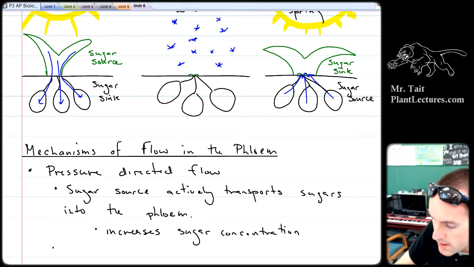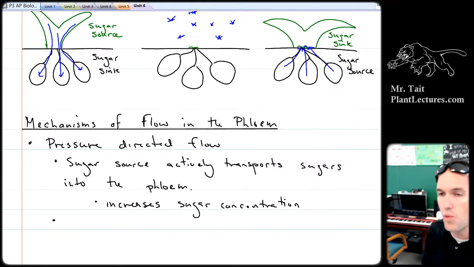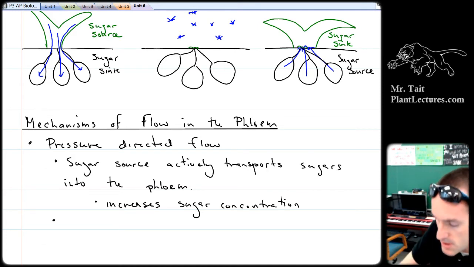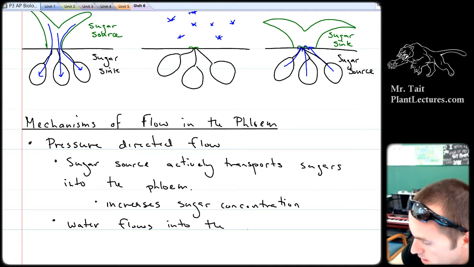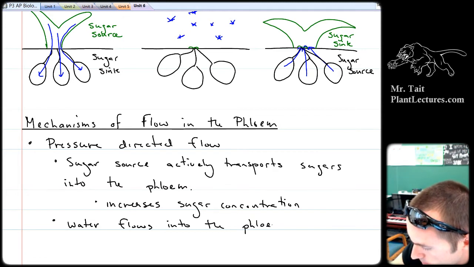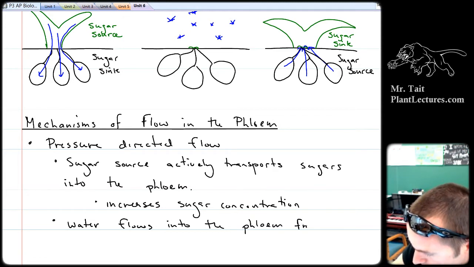We know that if we increase the sugar concentration, that water is going to want to flow into that area in order to decrease the sugar concentration, right? This is called osmosis, right? So water flows into the phloem from the xylem.